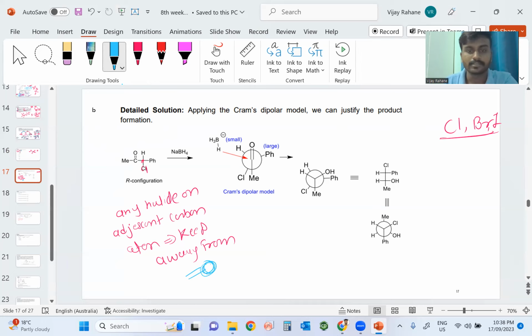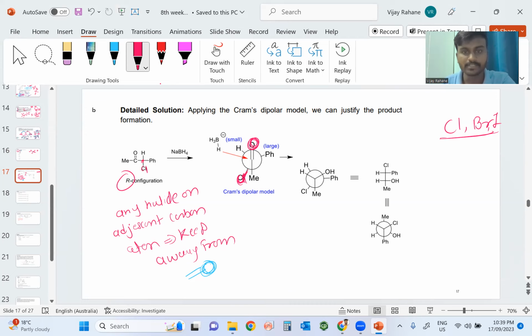Let me show you in this one. Oxygen is here. First of all, draw the chloride here, and then based on whichever configuration they have given, R, we check whether the phenyl will be on this side or that side. To maintain the R configuration, we need to draw the phenyl on the right hand side.